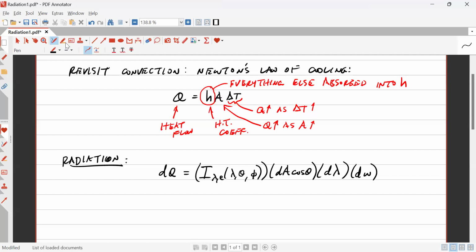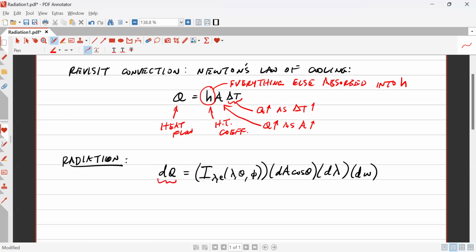What is this? Well, let's talk about the stuff we do know. The one thing is that notice that instead of writing out a full heat flow, it's written out as a differential heat flow. The reason why is because you have to integrate out both sides. Notice there's no differentials at all showing up in Newton's law of cooling above, but you have differentials showing up in this radiation equation down below.